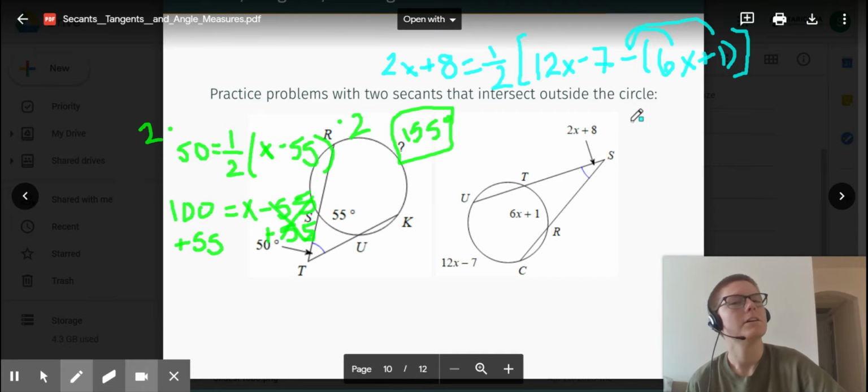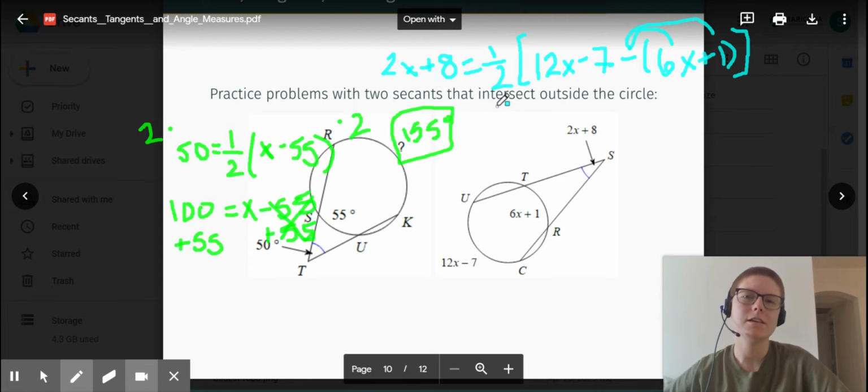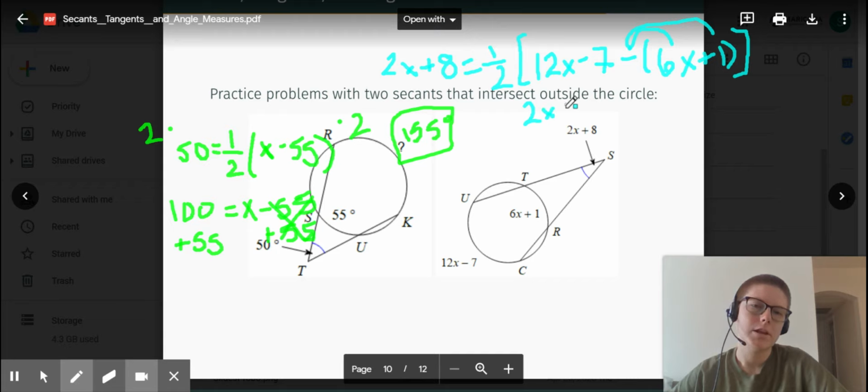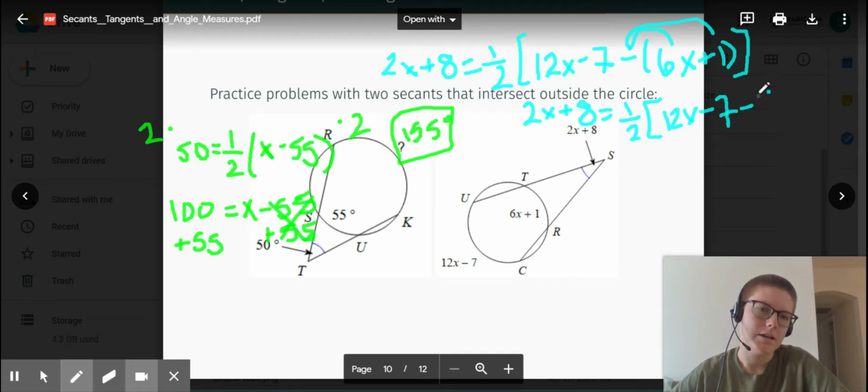This is a lot. All right, so I wish there was like a copy paste function on this thing, but there's not. 2x plus 8 equal to 1/2 of 12x minus 7 minus 6x minus 1.